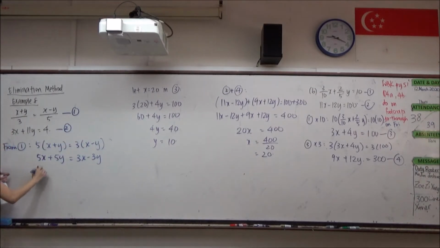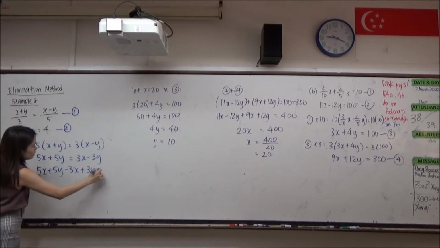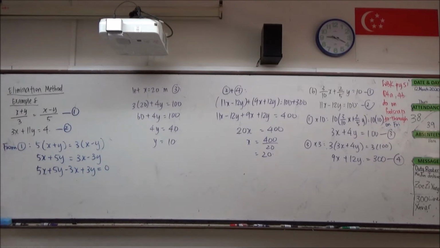Okay, so what we need to do is to bring whatever that's on the right over to the left. Okay, then after that we simplify, we will get 2x plus 8y equals to 0.